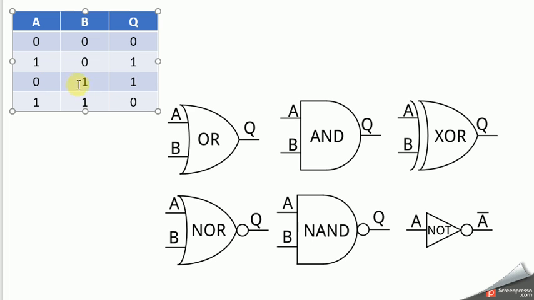So the output is going to be 1 if our inputs add up to an odd number. In this case, because A is 1 and B is 0, if you add 1 and 0 together, it's going to be 1. So the output is going to be 1. Same with this. As we've got two ones, it's an even number, so the output is going to be 0. So that is the XOR.